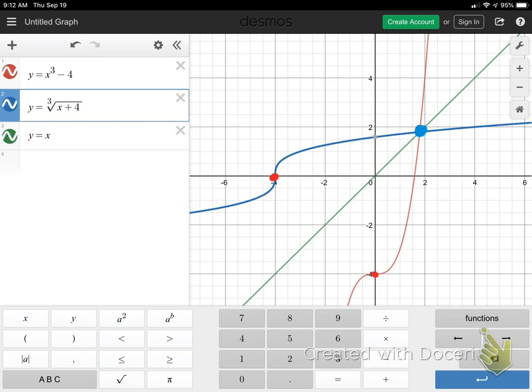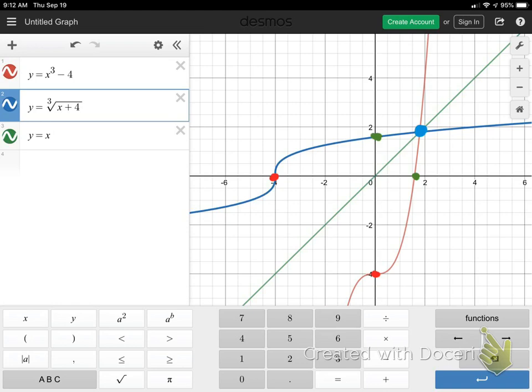It's the y-intercept on my original function. Then here my x-intercept on my original function is my y-intercept on my inverse. So lots of really cool things going on there.